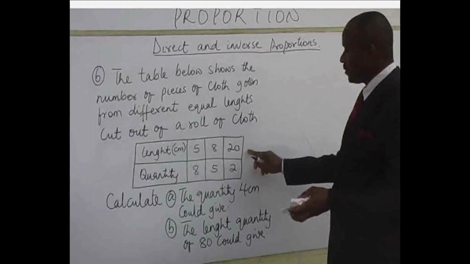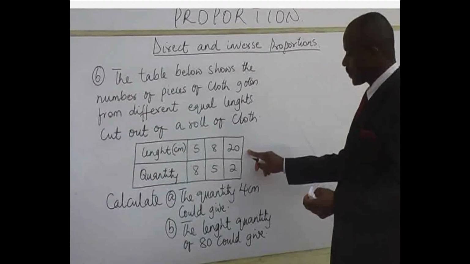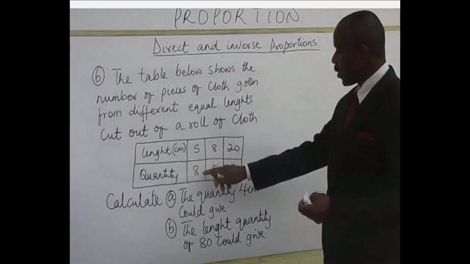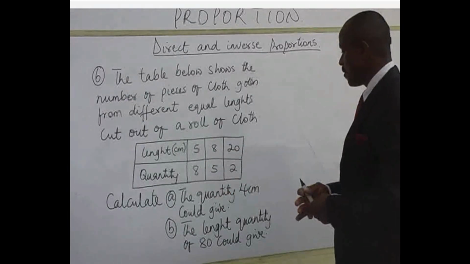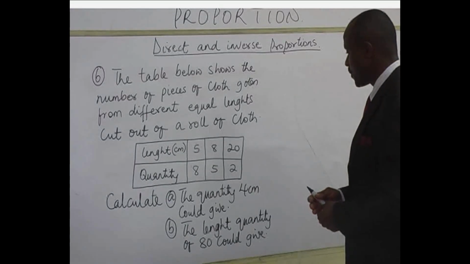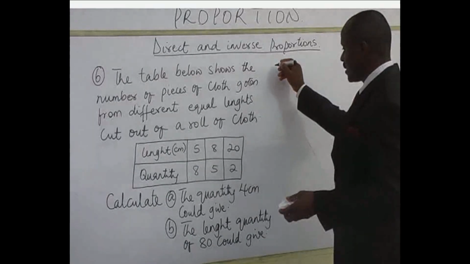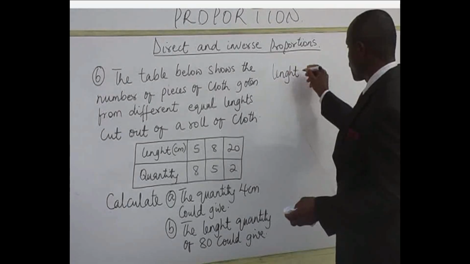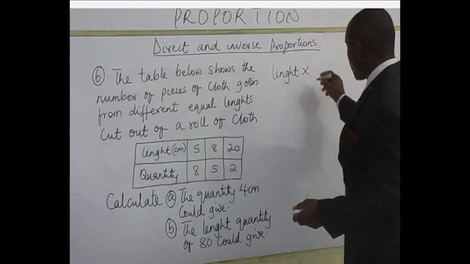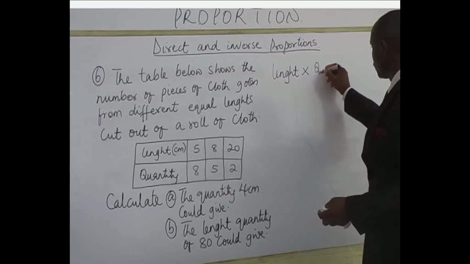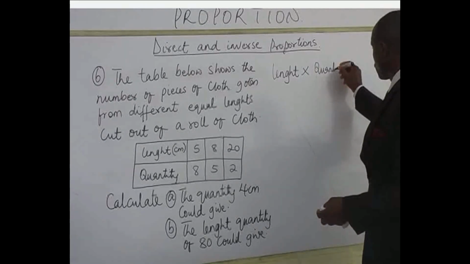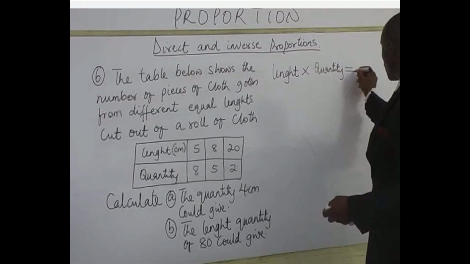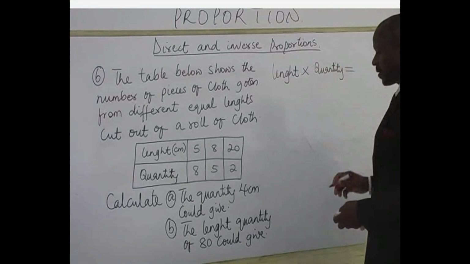From the table, you could see that if you multiply the length and the quantity, it will always give you the same figure. That means length times quantity will always give you a particular figure.